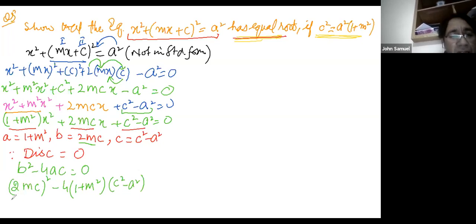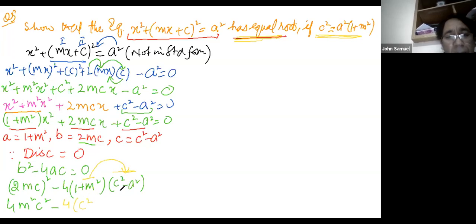After expanding we can get it like this, 4 m square c square minus. So first what we will do, my dear student, we will multiply this factor with this factor. So 4 I will write as it is. 1 into c square will get c square as well.